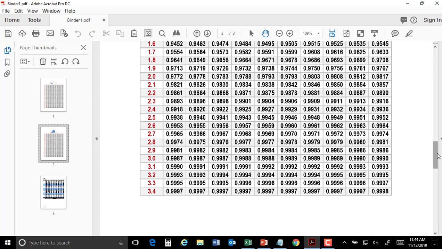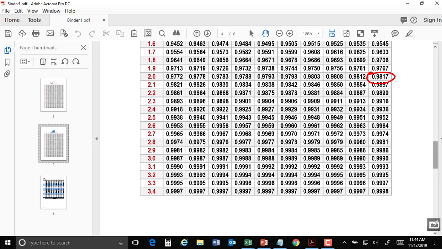Come straight across, and 2.0 straight across is right there. That's the area from that z-score back.